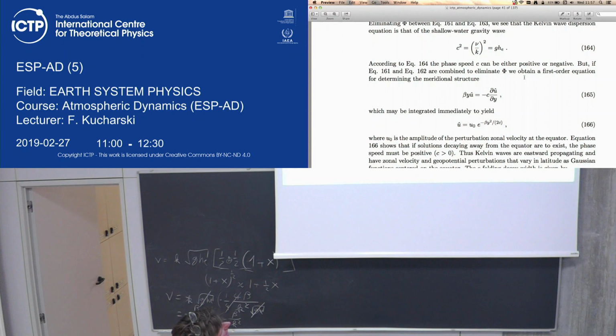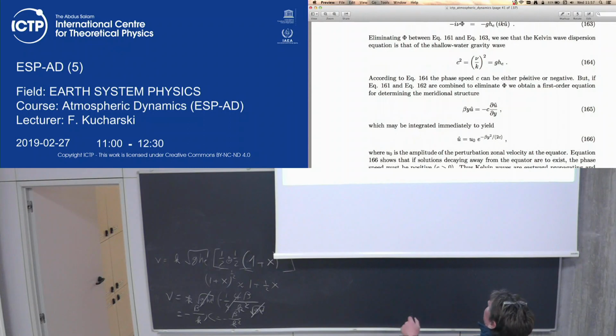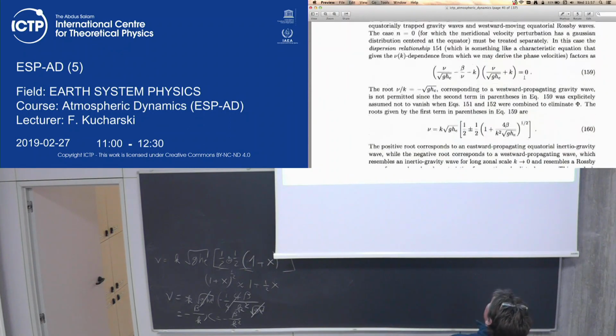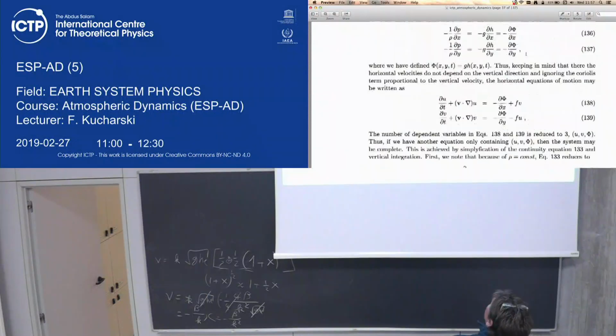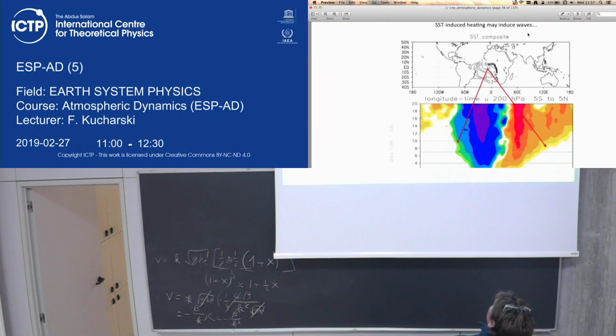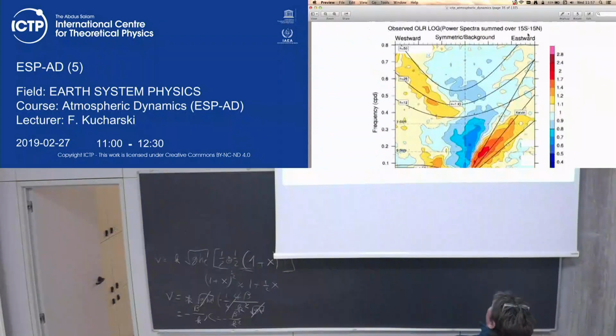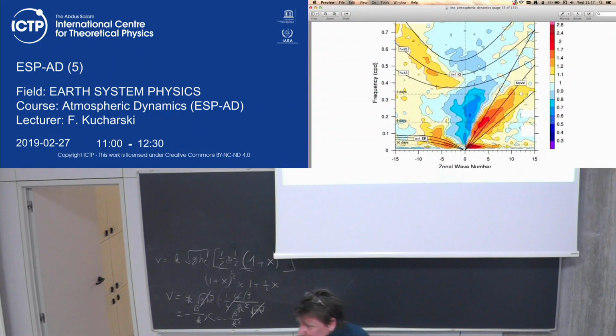Kelvin waves are gravity waves which are on the equator and only propagate in the positive direction. The other propagation direction was excluded. The other propagation direction is Rossby waves. And as you can see, some observations, this and this, confirm this. We find the Kelvin wave energy, if we want to interpret this as being this part, is only on this side of the diagram.